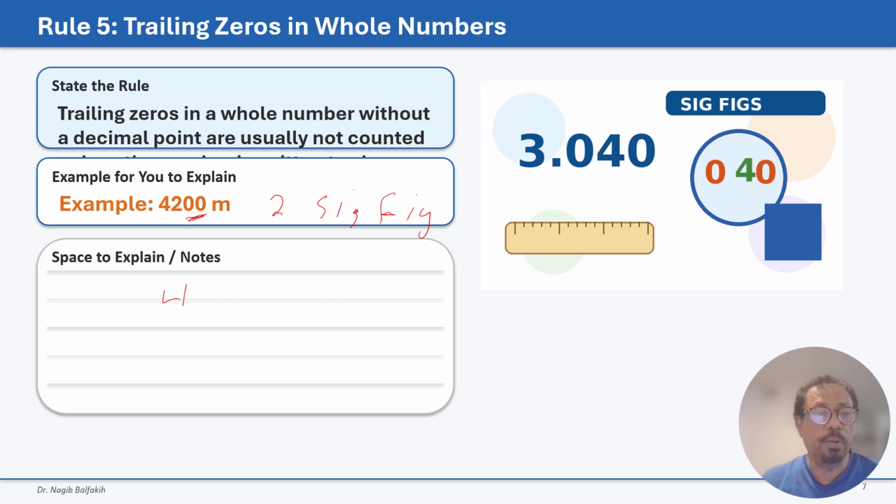Again, 4,200. If I want these two zeros to be counted, I can add the decimal point and everything will be there. So it will be 4 sig figs.